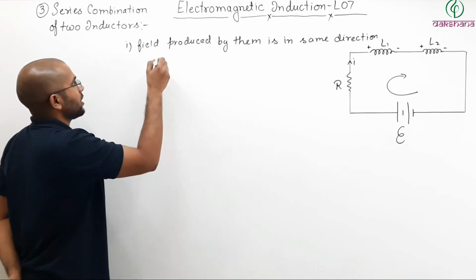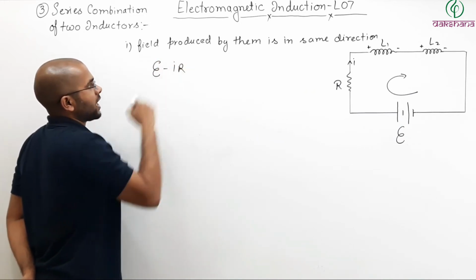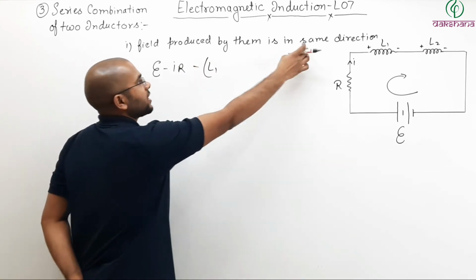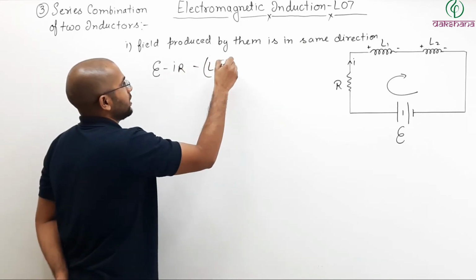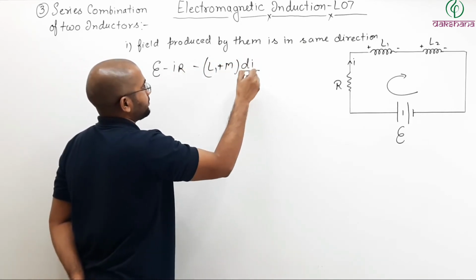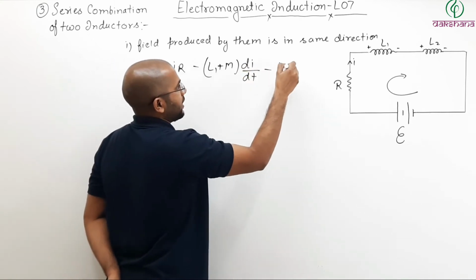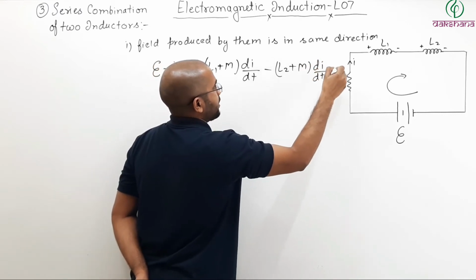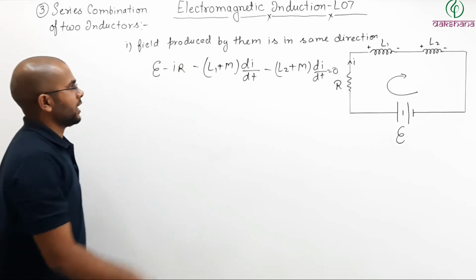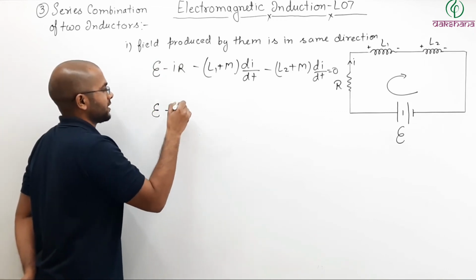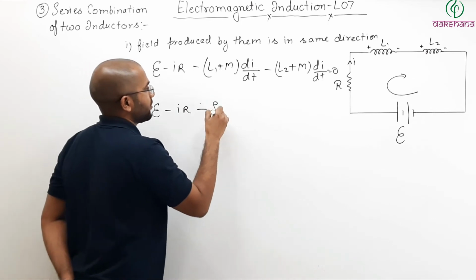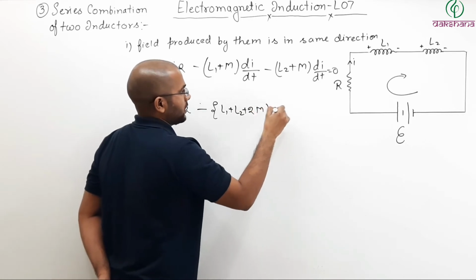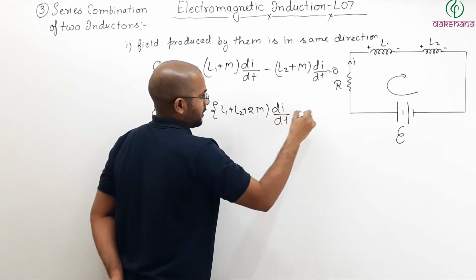EMF minus I times R minus, here I will write L1, and since they are supporting each other's field, (L1 plus M) di by dt minus (L2 plus M) di by dt, and total equals 0, like this. And if you want to simplify, EMF minus IR minus bracket L1 plus L2 plus twice M, di by dt, equals 0.